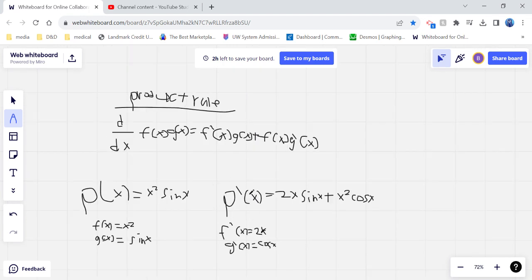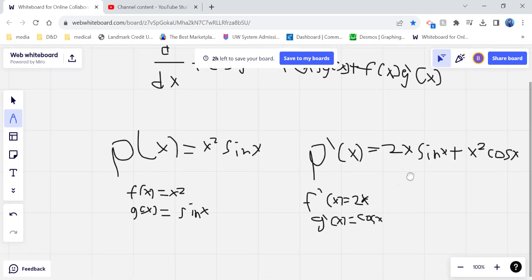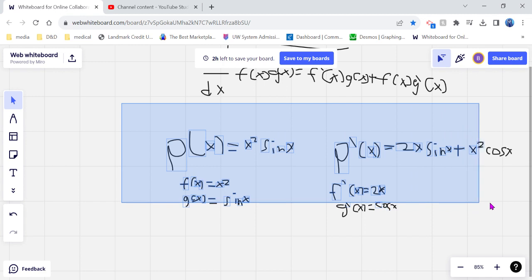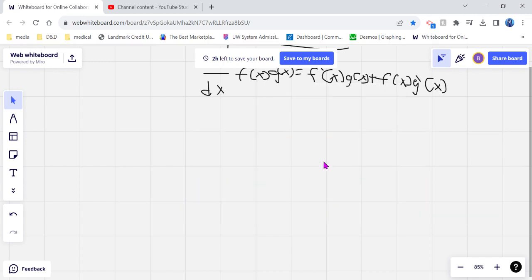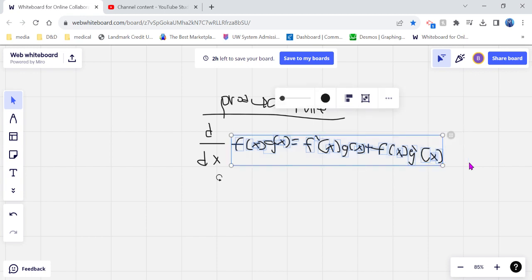And that would be the derivative of p of x. So that is the product rule. And if it's scary, just know that it takes practice. It takes solving problems to get used to. Eventually, it'll become second nature, right?